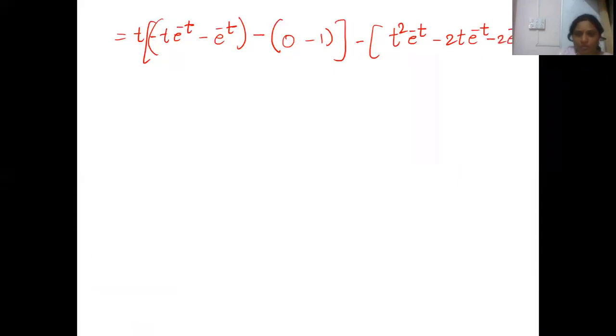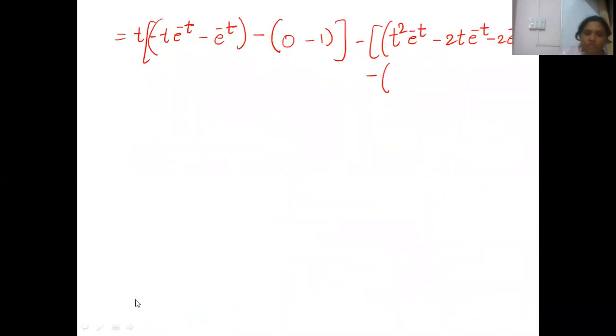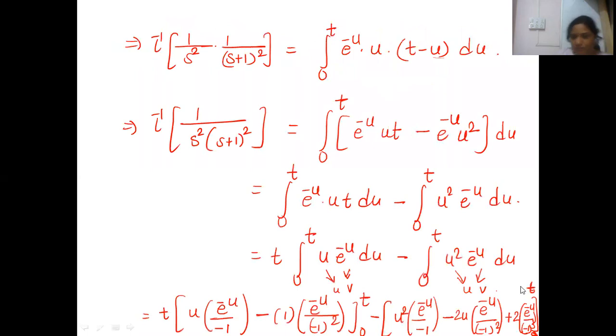Minus 2 e raised to minus t. This is the upper limit minus lower limit. For the lower limit you are writing 0 for u. So 0 into anything, this is 0. 0 into anything, this is also 0. So two terms are 0 there. Next term is minus 2 e raised to 0, that is 1. So minus 2.